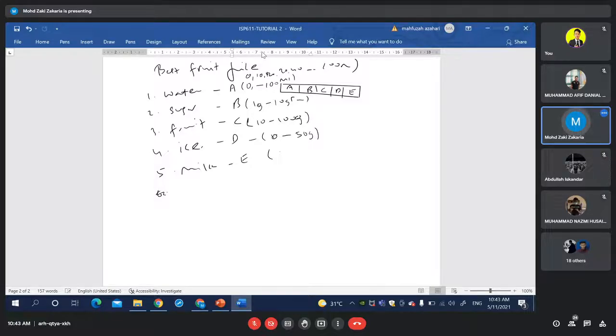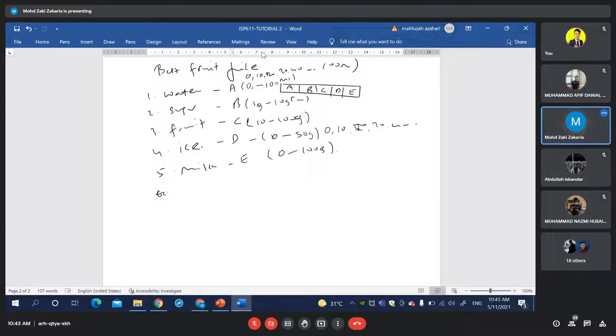Milk, 0 to 100 gram. So you need to define the values for each variable.